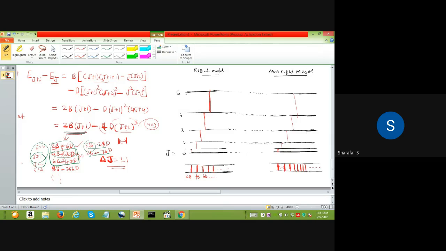So initially we have 2b minus 28d, then it decreased, with some 50d value increased here, so the next separation is less than that. If it is X and this is Y, then X is more than Y, because this one is having 2b minus 76d and the other is having 2b minus 28d only. So this is decreasing, it is less than that of the first one. That's what happens when you consider this non-rigid rotor.